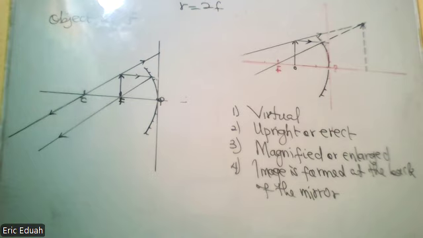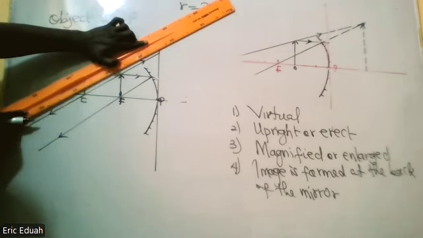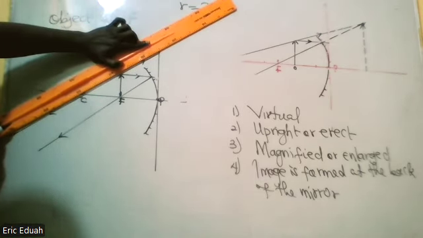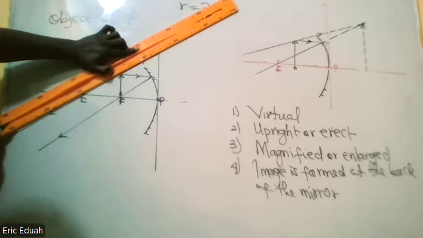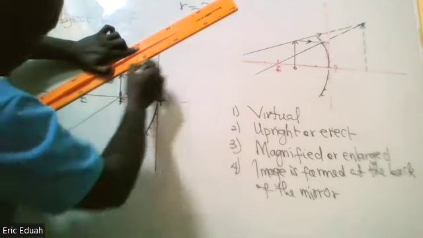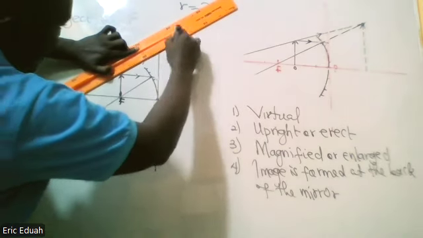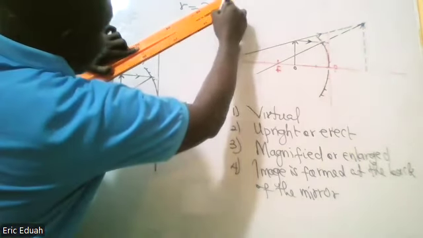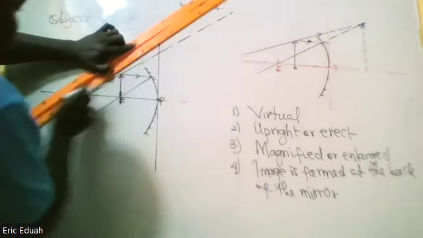Now from what we have, there is no way these two rays would ever meet, either in front or at the back. So let's extend the rays backwards to see if they can possibly meet.